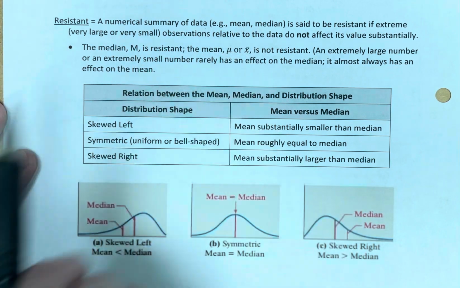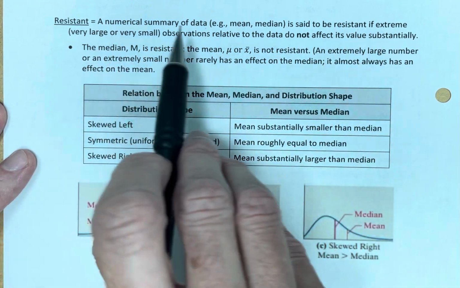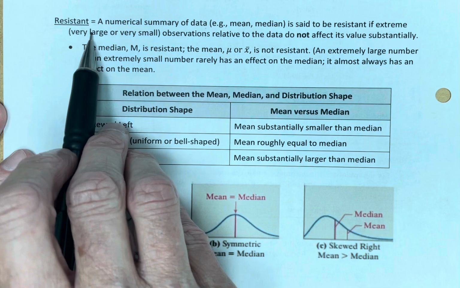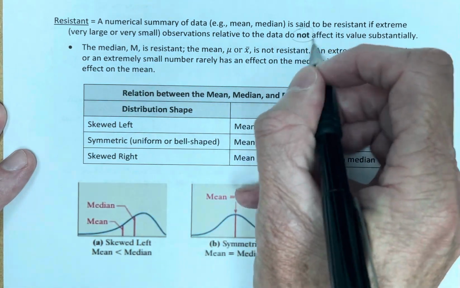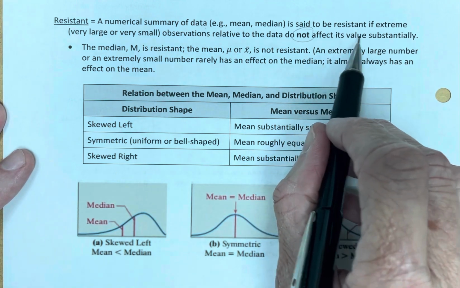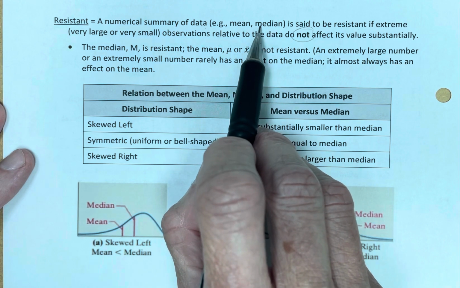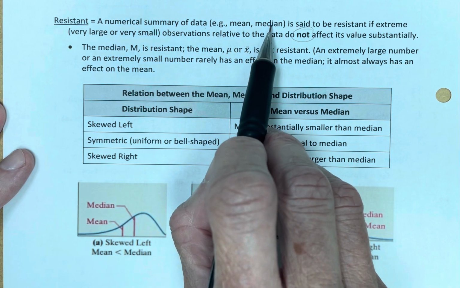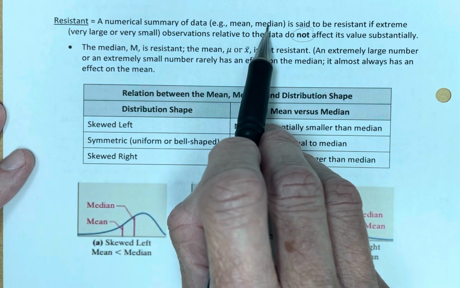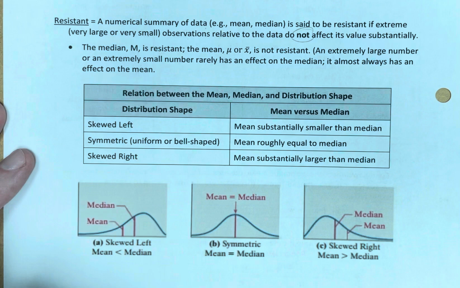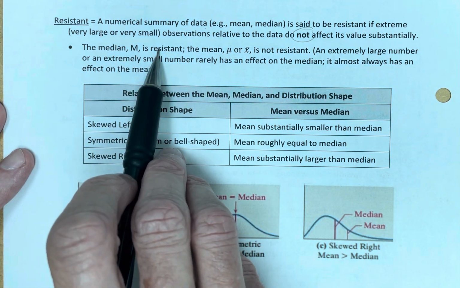For example, the mean or median is said to be resistant if extreme observations, very large or very small, do not affect its value substantially. The median is resistant.